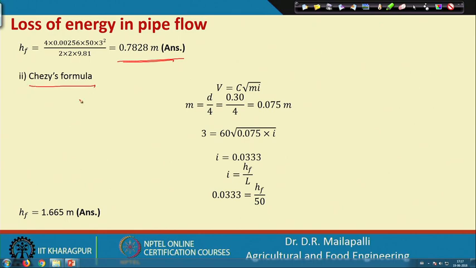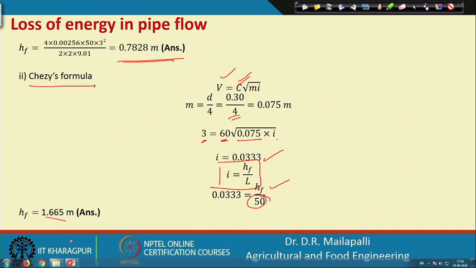And similarly, Chezy's formula, V is equal to C into square root of m I. So V is given and C is given. m, which is d by 4, is also given, whereas I is unknown. So velocity is equal to 60, C into square root of 0.075 into I. From here I is equal to 0.0333, and you have the equation hf by L. L is given, so find out hf, that is 1.665.